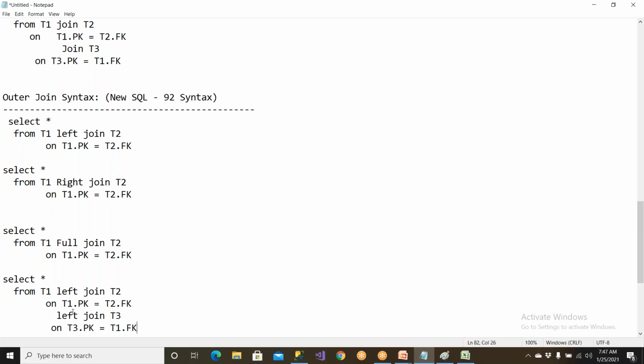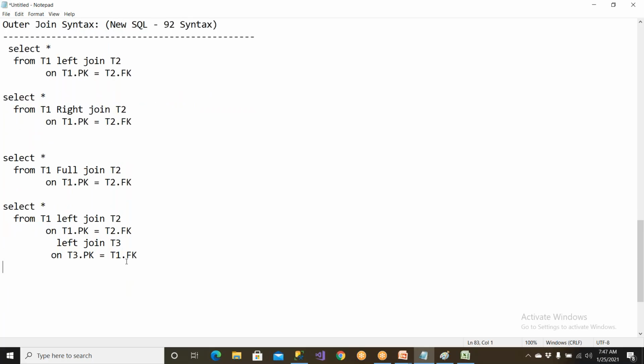So what is the meaning? You will be able to get matched data and unmatched data from T1, and you will see some result set. With that result set, the T3 table will get joined, and this output will be the left, right? So whatever output you got earlier will be taken as the left output, and matching data plus unmatched data from that output will be taken.